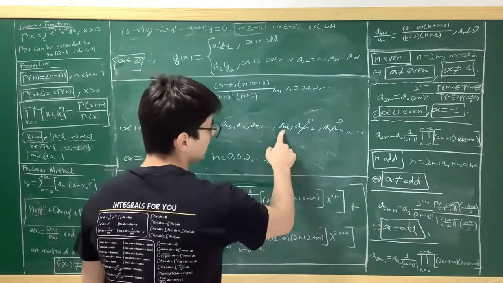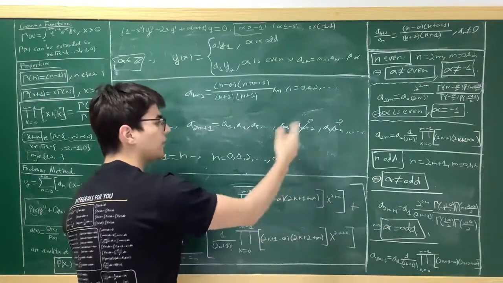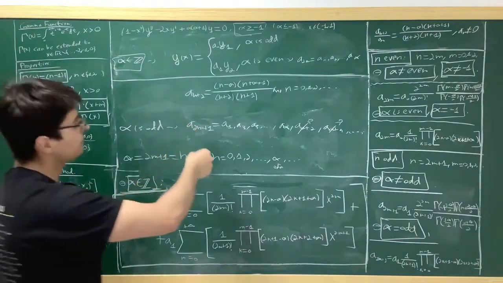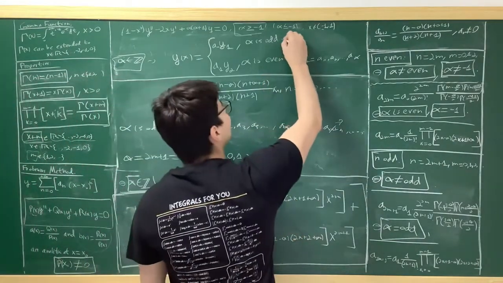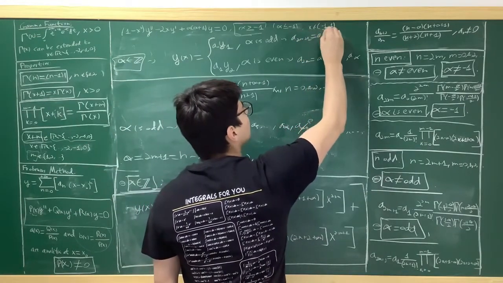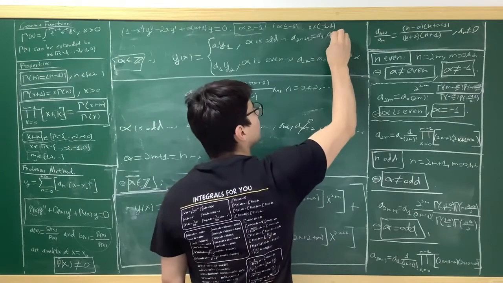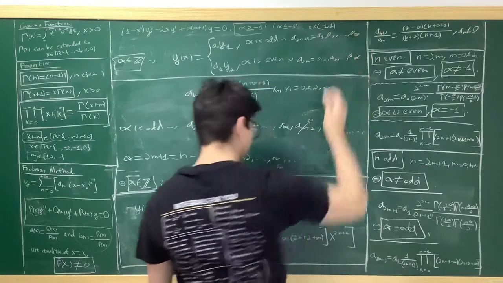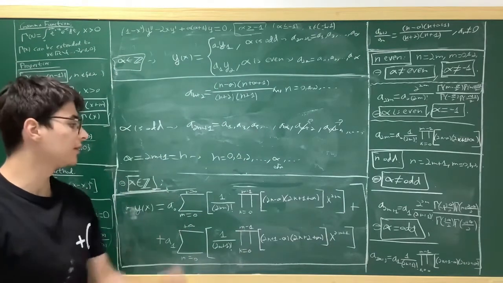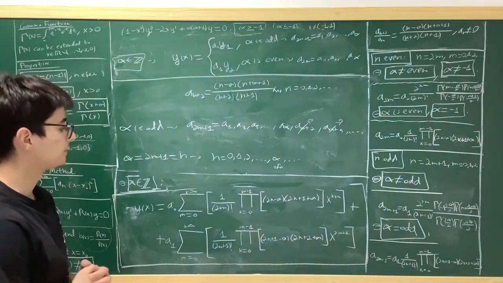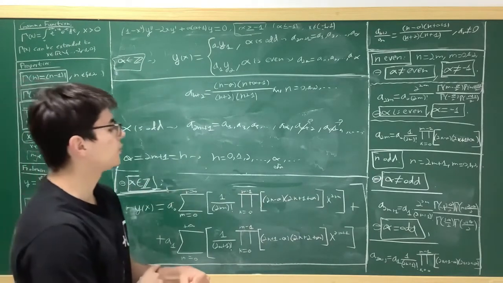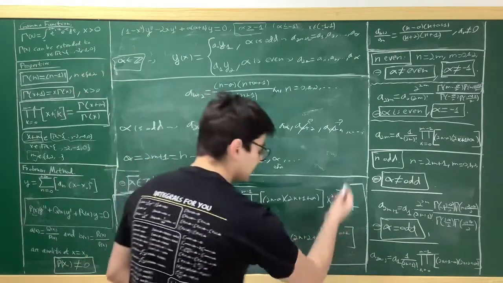So this is an odd term, odd term, odd term, and so on. So really, what do we get from here? In this case, a_(2m+1) is a_1, a_3, and so on up to a_alpha. Here we get an alpha degree polynomial, because alpha is odd.